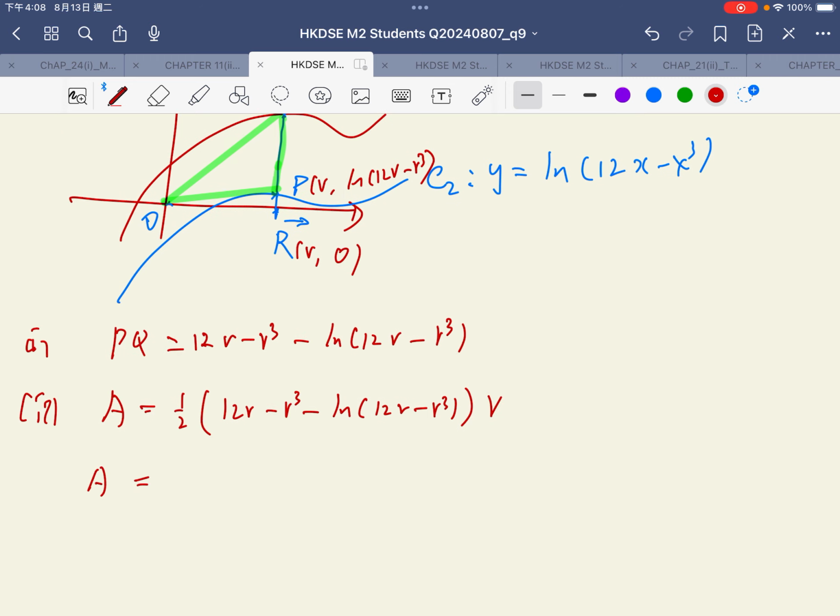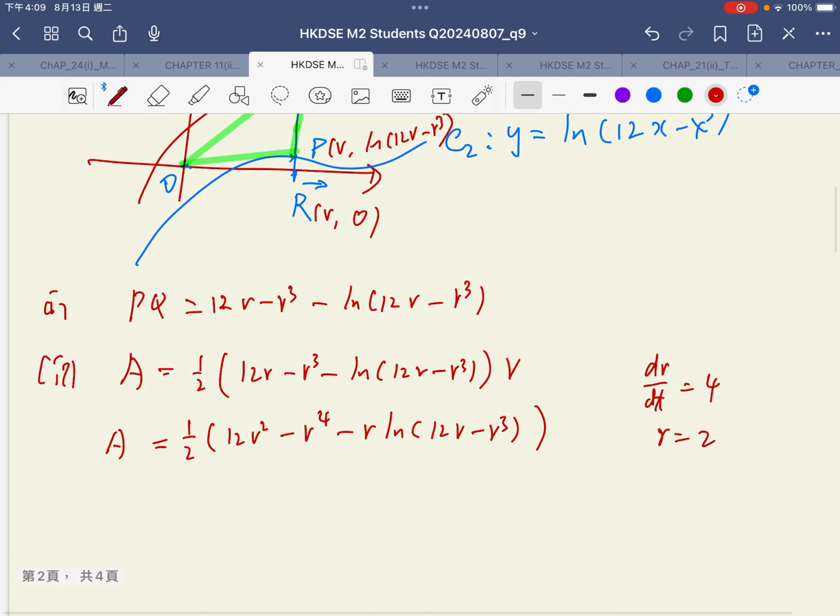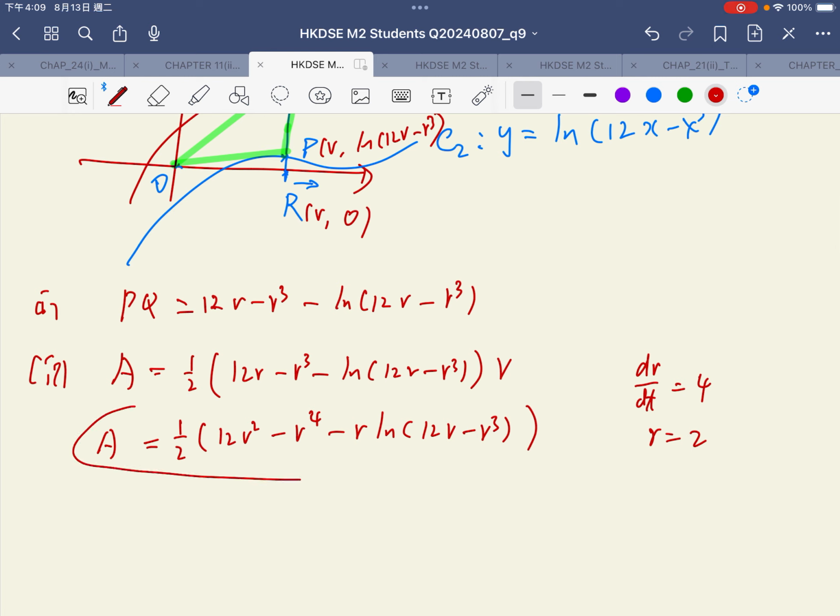Here we know that r moves rightward at 4 units, which means dr over dt equals 4, at the moment r equals 2.